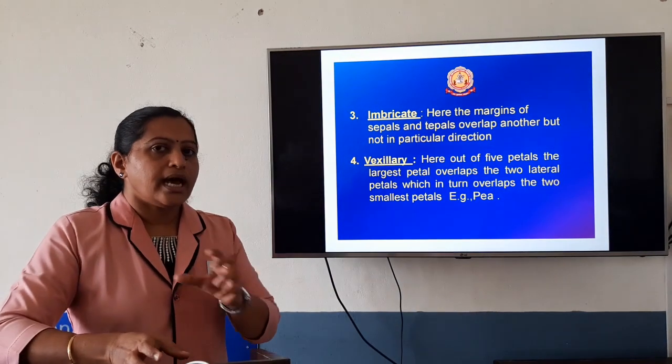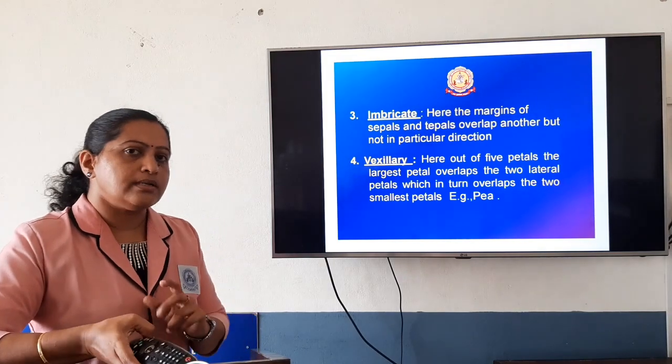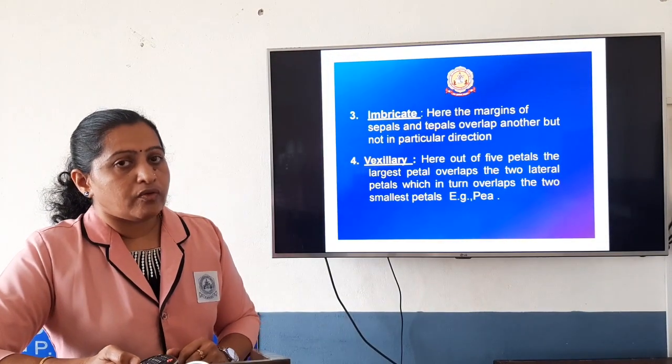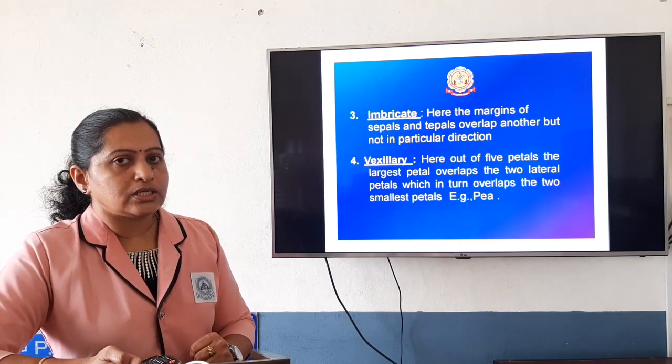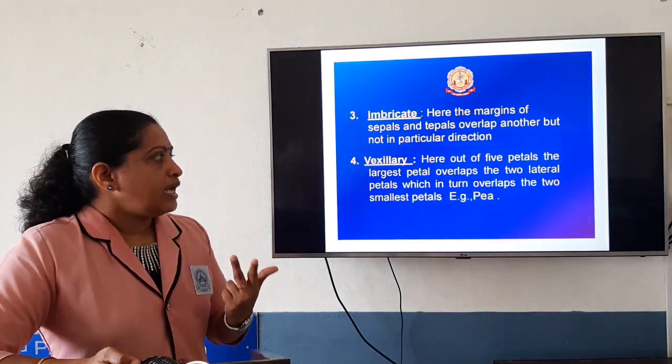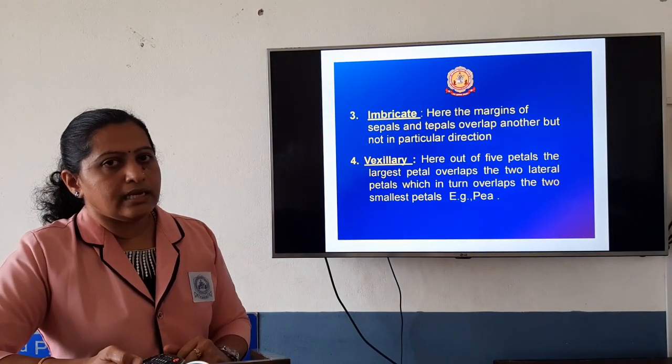Such an arrangement of petals in a flower is known as vexillary aestivation. So we have discussed 4 different kinds of aestivation: valvate, twisted, imbricate as well as vexillary aestivation.